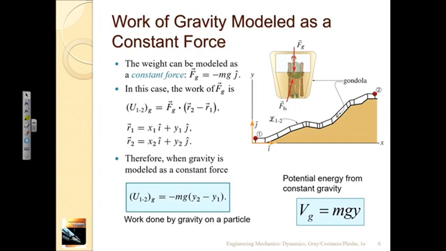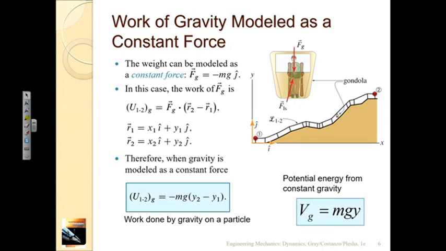V1 is mg y1. So I could do this from datum A, and I could measure off of this line. So if I used A here, my V1 would be mg, my y1 value would be 0. I don't have to worry about potential energy at the top of the hill because I'm picking that as my 0 point.